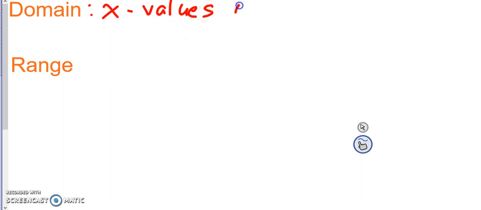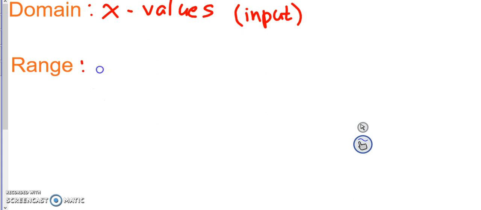We're also going to put here your input values or your inputs, which means what you put into the function. So that could be any letter. It could be t, it could be x, it could be q, whatever they give you for that function. So not just x values, but whatever is put into the function.